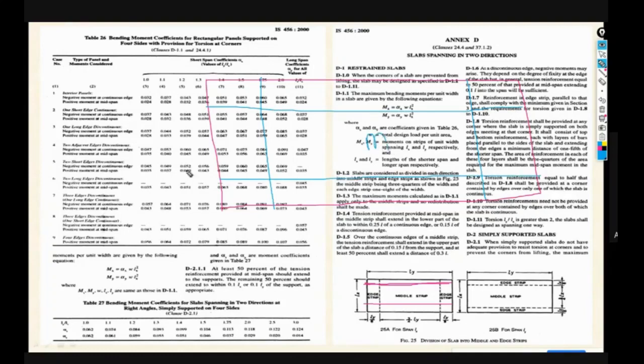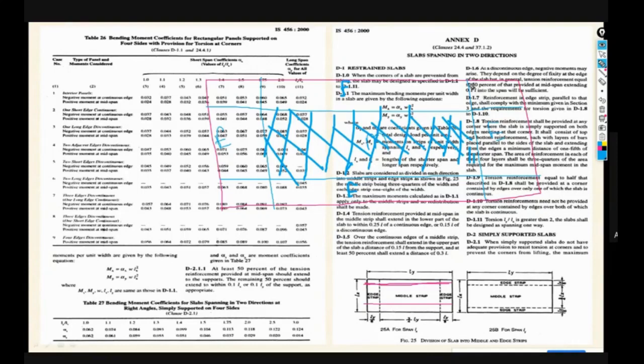So this is our middle strip and this is the edge strip, in both directions. Whatever main reinforcement we are providing should be in the middle strip only, and the distribution steel we can provide in the edge strip, in both directions. Main reinforcement in the middle strip.